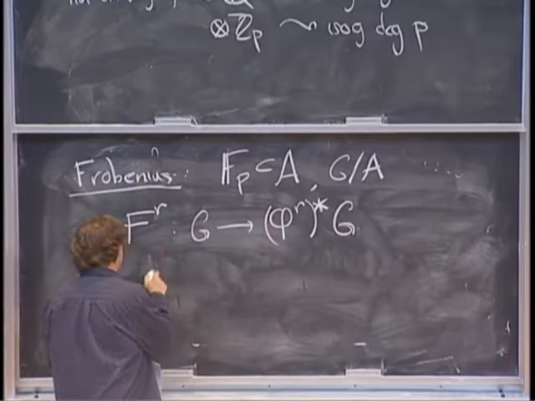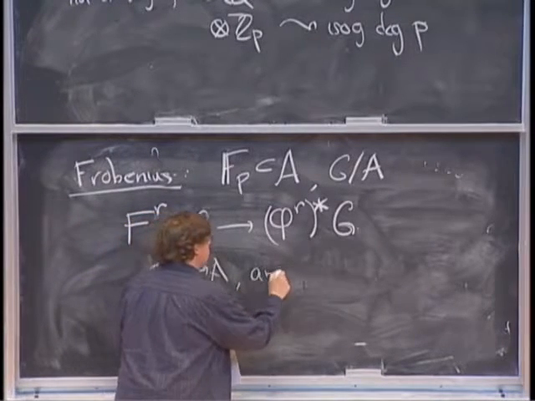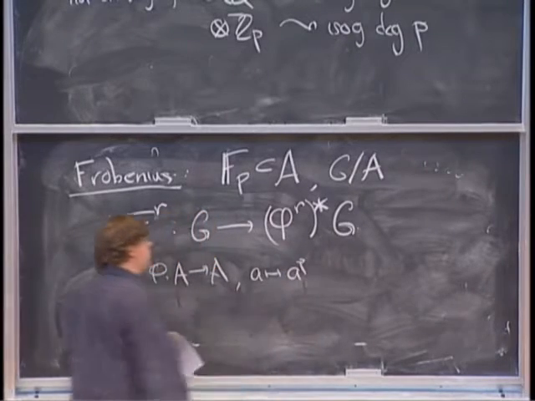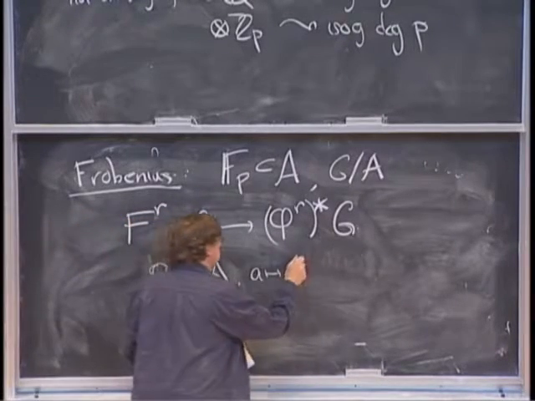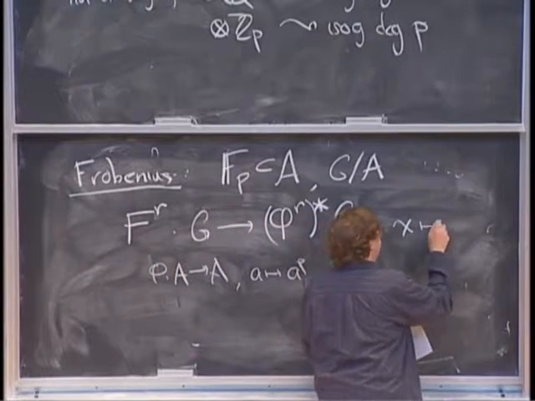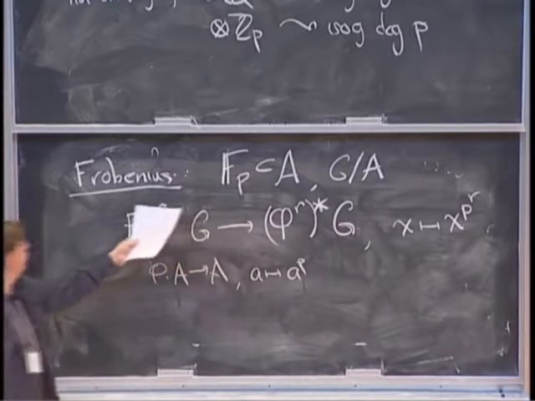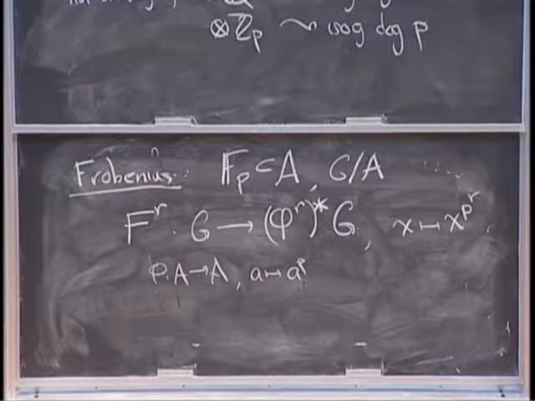Phi is the endomorphism of A given by the p-th power map. So I can pull back my group along that homomorphism. And the Frobenius isogeny is also given by that formula. It's given by the relative Frobenius on formal schemes. So that's a canonically defined isogeny that you have whenever you're in characteristic p.